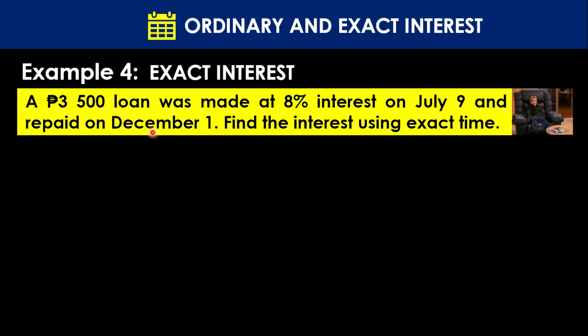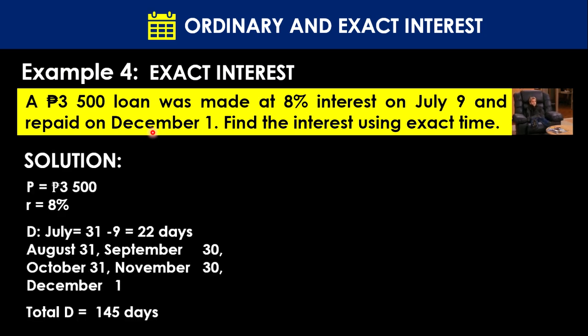So let's compute the number of days. This is exact time, so we need to consider the exact number of days in each month. On July, we have 31 days, so 31 minus 9 is 22 days.